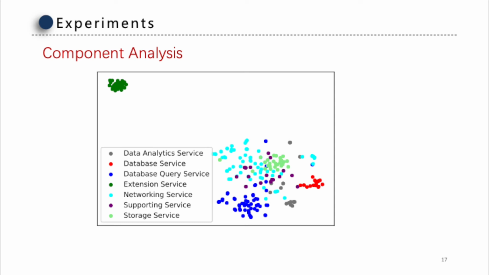This observation reflects the effectiveness of the component representation learning, where similar components like the data analytics service and the database service are embedded at similar positions in the embedding space. Some other services not related to them, like the extension service, are embedded far away from their position.